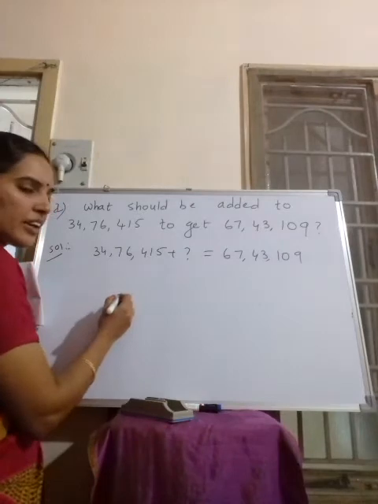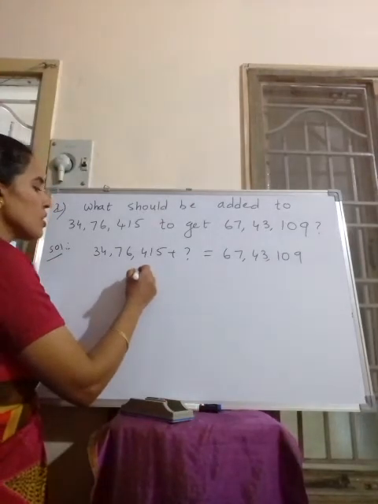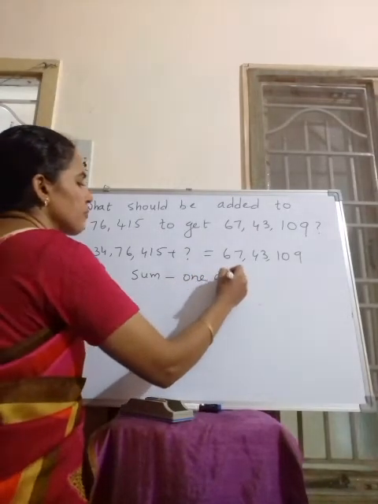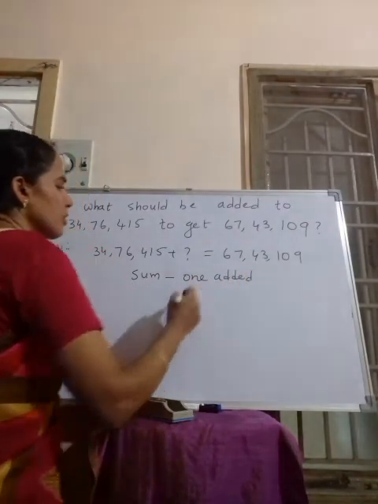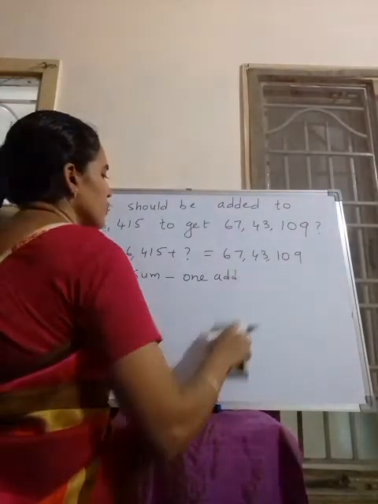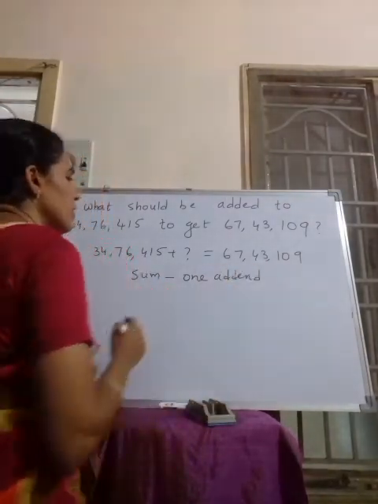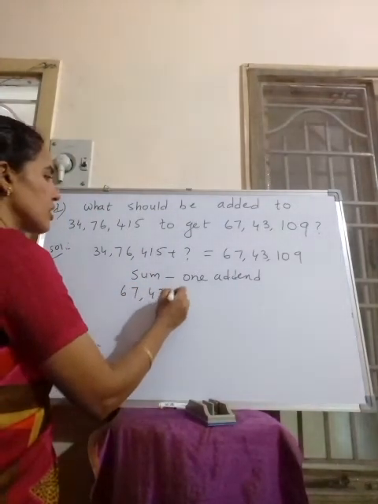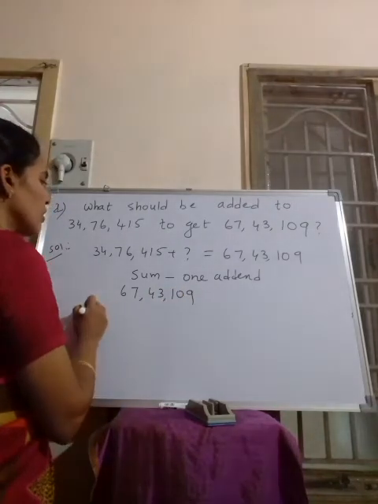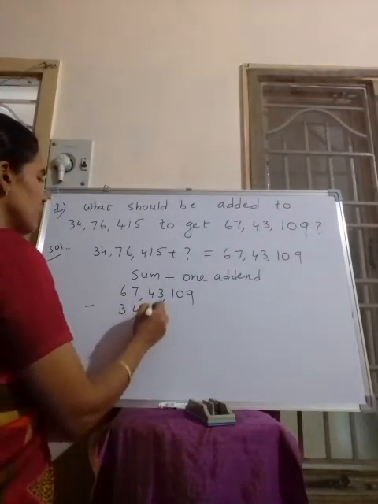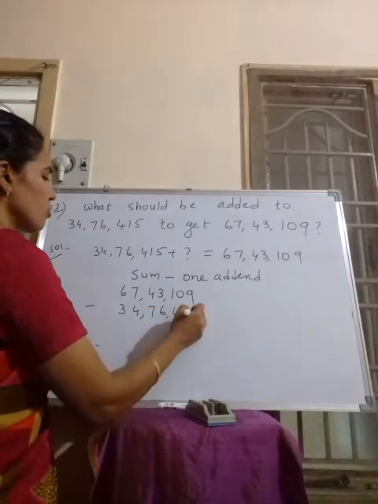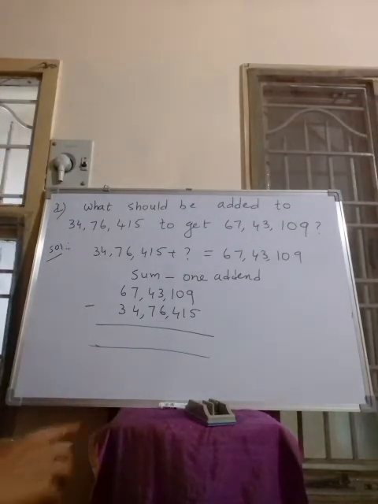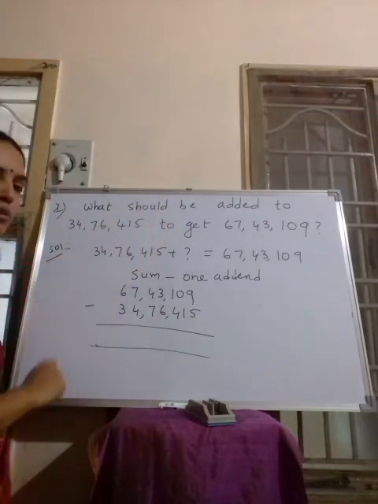The other addend is equal to sum minus one addend. That is 67 lakh 43,109 minus 34 lakh 76,415. The difference of these two gives what we have to add to this number.